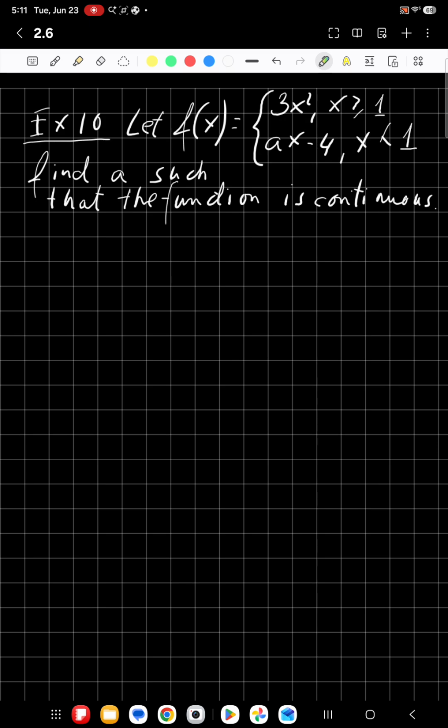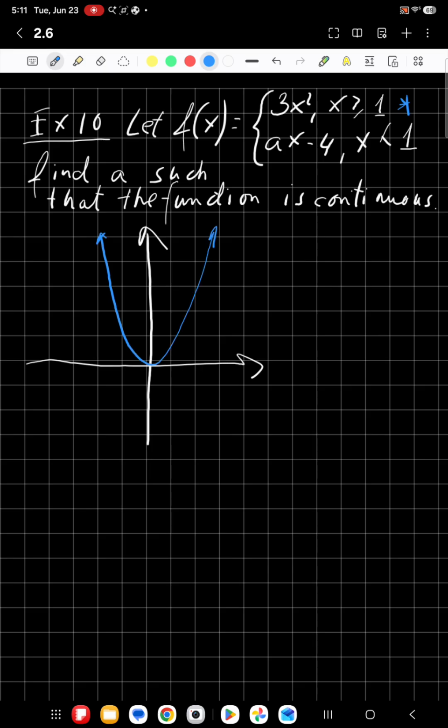So let me draw the situation. We have the parabola. It's this one. Actually, let me make it dashed, because we need to keep only the part of the graph for x bigger than 1.